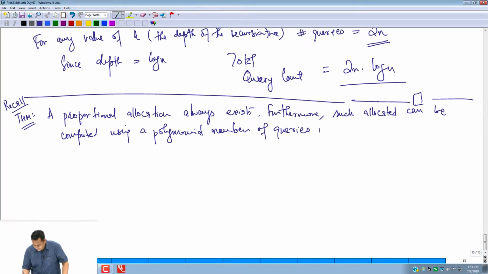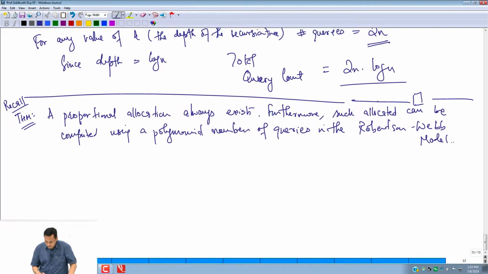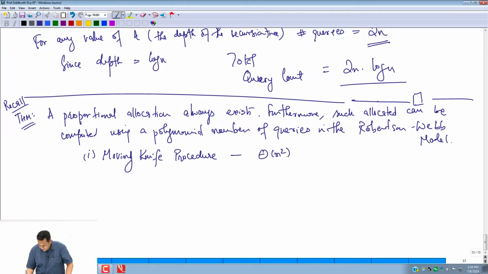So valuation queries in the Robertson-Webb model, which is again the very natural query model of interacting with agents through these two types of queries. And very specifically, the moving knife procedure achieves this using n square queries.